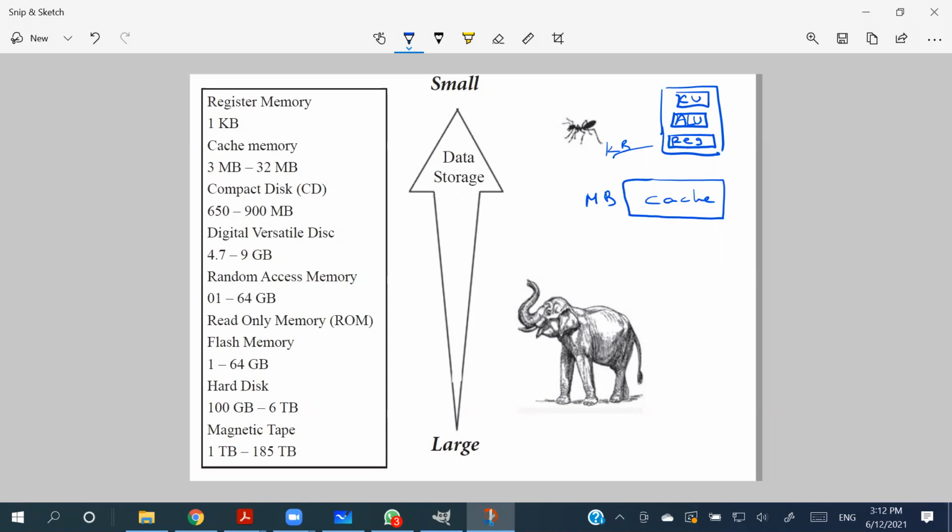And flash memories means the pen drives, right? We talk about them as ROM because they are a ROM type. Those can be found in 1 to 64 GBs, and if you think about flash memories, it goes beyond that, right?